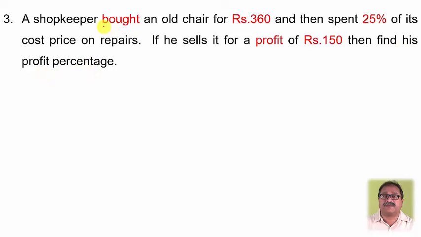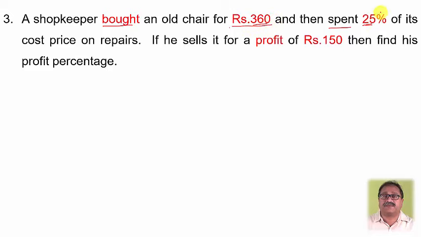So what is his cost price? The cost price means he bought it for rupees 360. But another thing happens. He spent 25% of 360 on repair. So the repair charges should also be added to this 360, and that will be my overall cost price.